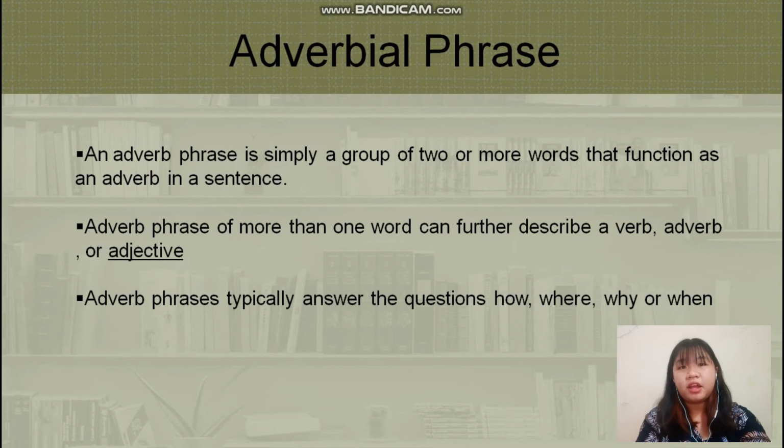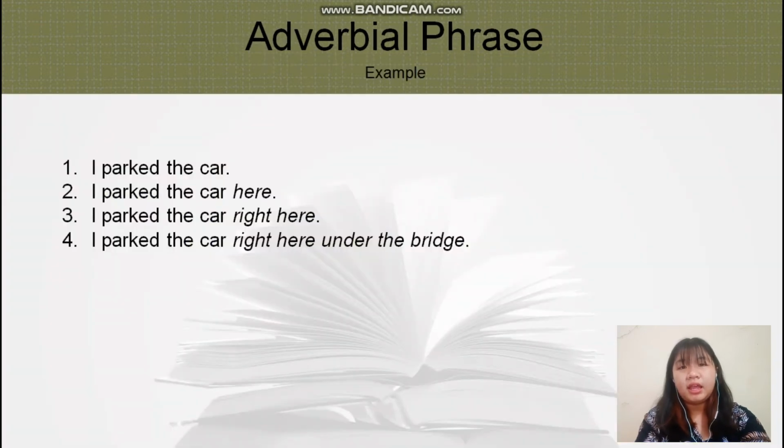Just as an adverb can modify a verb, adjective, or another adverb, an adverb phrase of more than one word can further describe a verb, adverb, or adjective. Adverbial phrases typically answer the questions how, where, why, or when something was done, as you will see in this example.